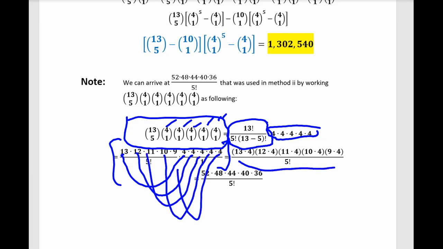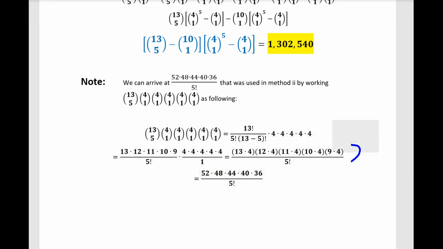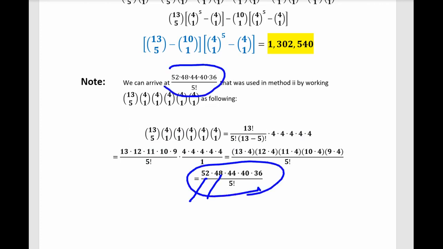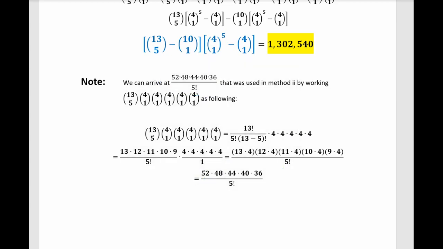I regrouped them in this expression. Once I did that, 13 times 4 gives me 52, so I got the 52 here, and then 12 times 4 is 48, and so on. And this is precisely what we had in method 2. So it's just a different way of thinking about it, but the mathematics of it ends up being the same, regardless of how we do it.